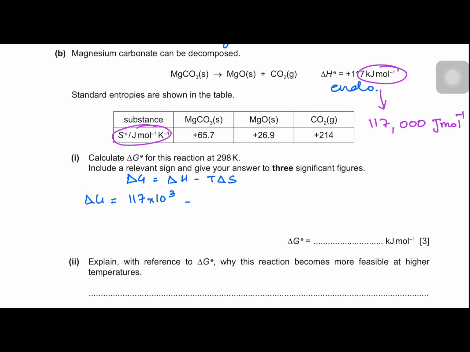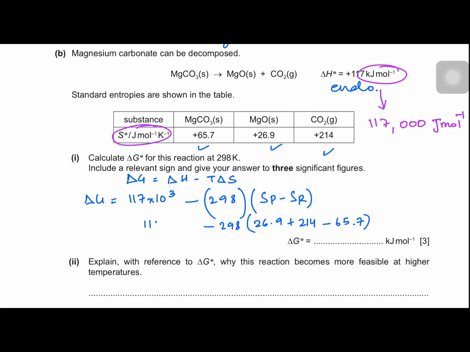So it becomes delta G is equal to 117,000 minus 298 Kelvin times product entropy minus reactant entropy. The product entropy is 26.9, which is magnesium oxide, plus 214, which is carbon dioxide, minus 65.7, which is the magnesium carbonate, 298 as it is, minus as it is, 117,000 as it is.